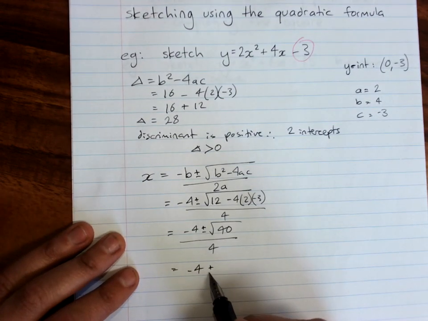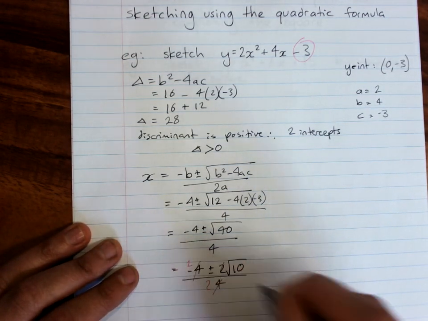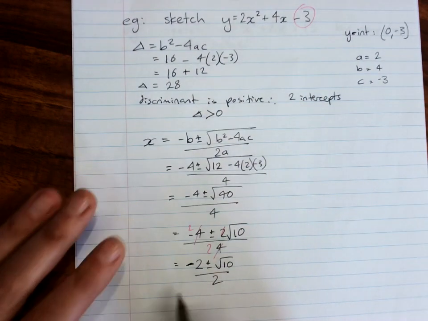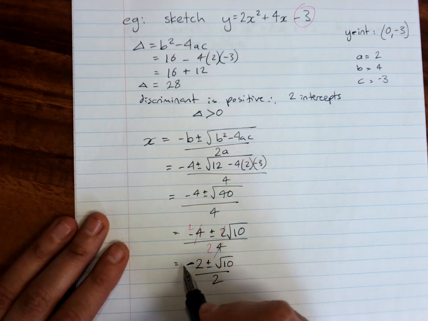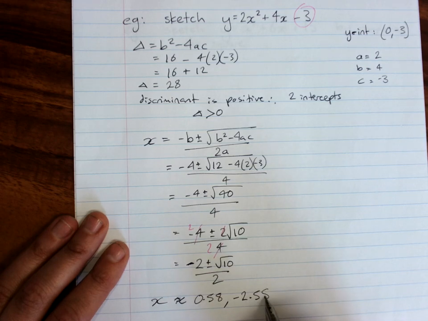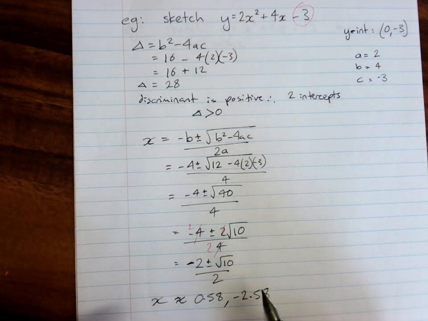So that's negative 4 plus or minus 2 outside of root 10, on 4. We can simplify here because I've got a common factor of 2. That's negative 2 plus or minus root 10, on 2. Type that into your calculator in both different ways, and x is, technically, approximately 0.58 or negative 2.58.